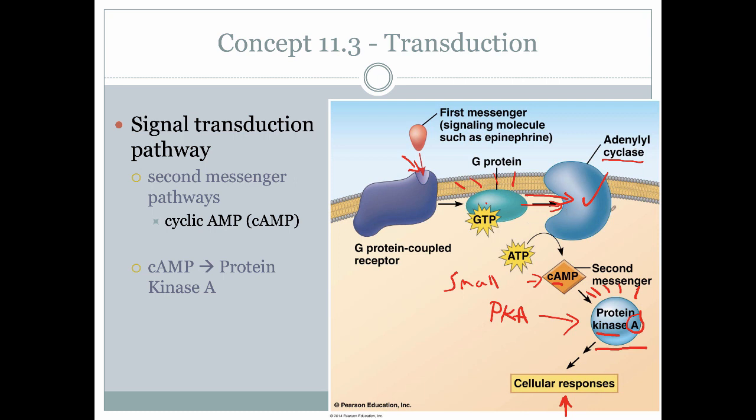Okay, so when adenylyl cyclase is activated, what happens? It converts ATP to cyclic AMP inside the cell. The cyclic AMP now, as a second messenger, will bind to protein kinase A and activate protein kinase A. Active protein kinase A will then phosphorylate target proteins. So I guess we could draw phosphorylation over here.